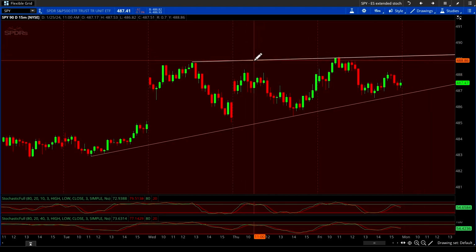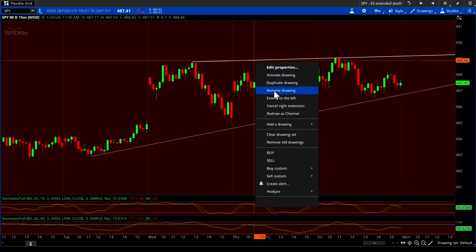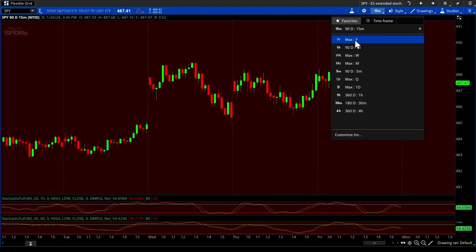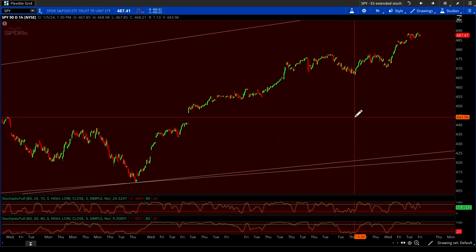Let's get rid of these because we're going to be looking at a bigger time frame. Let's take a look at the hour chart to see what we have. Yeah, just more of an uptrend, right?